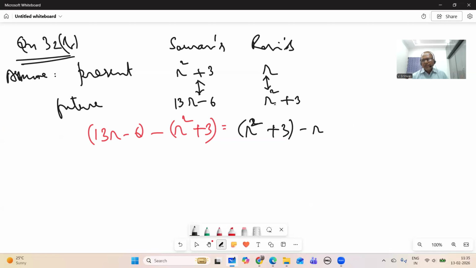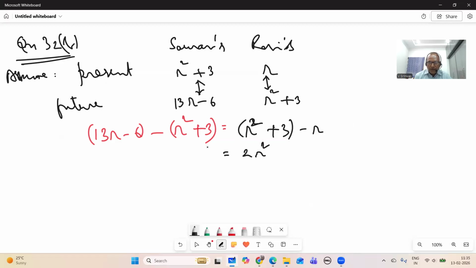It is the same as the time taken by Ravi to reach his father's age from the present age of r. So this minus this will be equal to this minus this. So this is a quadratic. Let us simplify this. So let us take minus r square to this side.